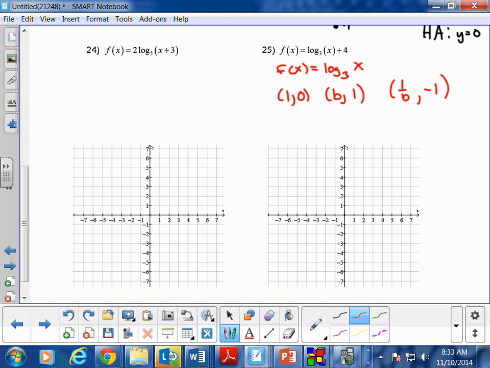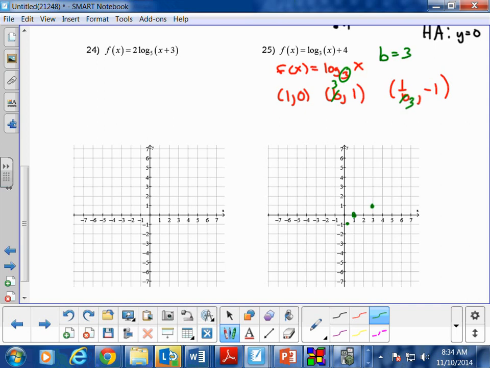In this case, my b is this value right here, which means b is equal to 3. So if I graph this, I will have (1, 0), (3, 1), and (1/3, -1). Those are my 3 vantage points. You also have a vertical asymptote at x equal to 0 with the basic function.